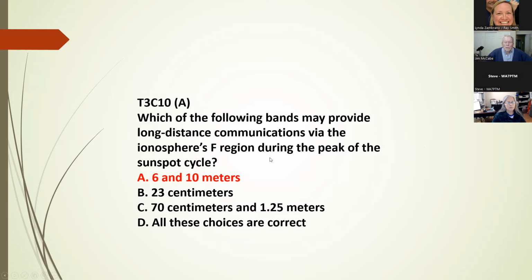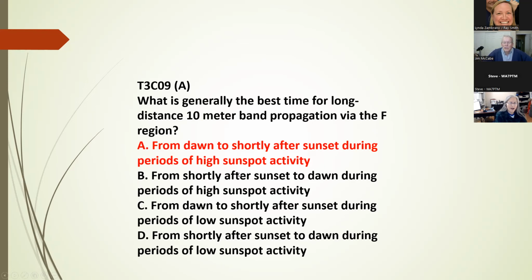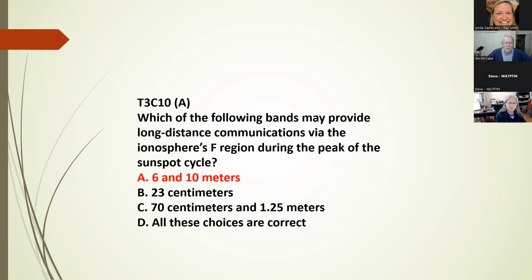Which of the following bands may provide long distance communications via the ionosphere's F region during the peak of the sunspot cycle? Again, this seems to be similar. 10 meters is in the same category here. Again, I don't know the technical reasons, but the answer is 6 to 10 meters.